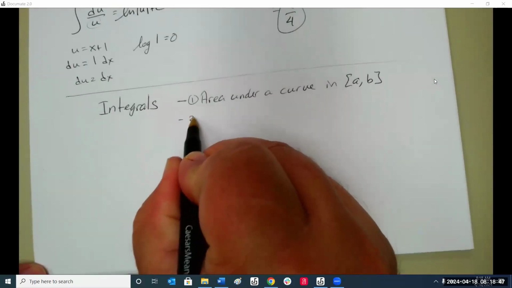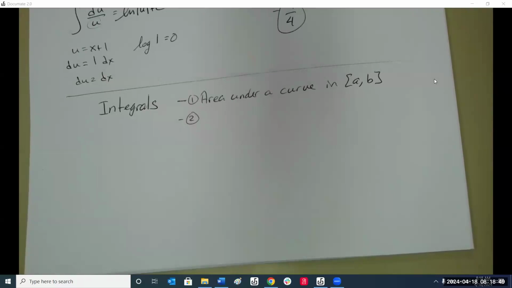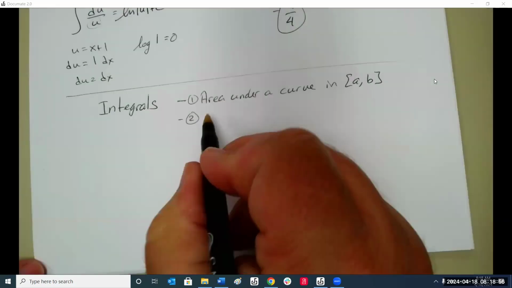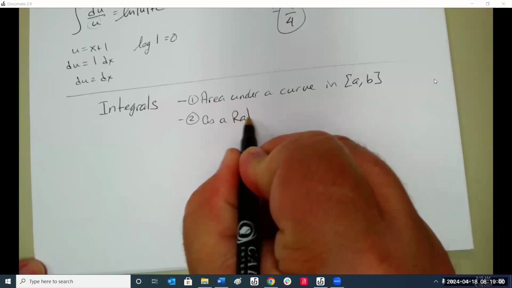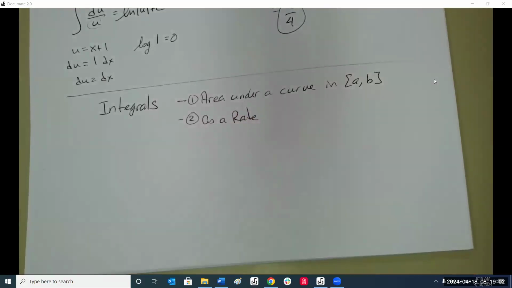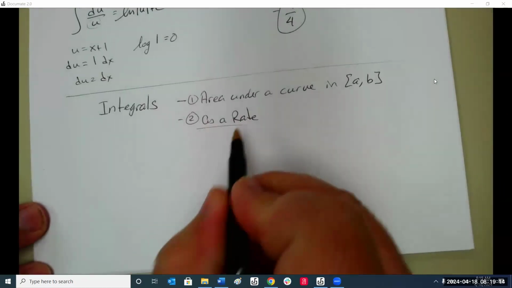Is there another reason we use it? As a rate. Not really a rate of change, because rate of change defines slope. What I'm talking about here is motion problems, which is what we're going to talk about next.